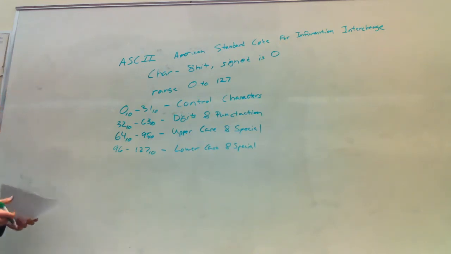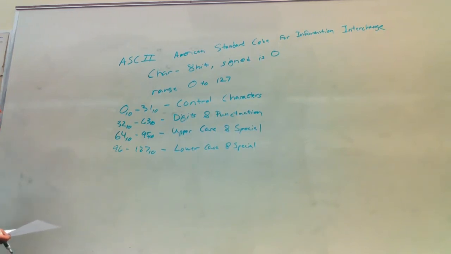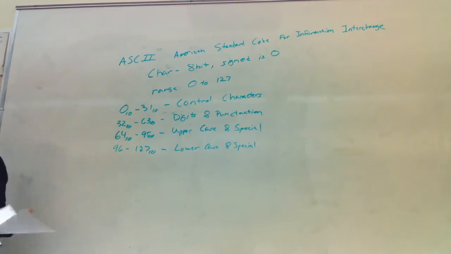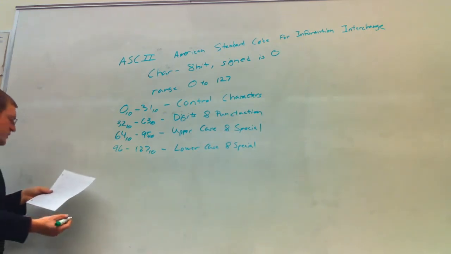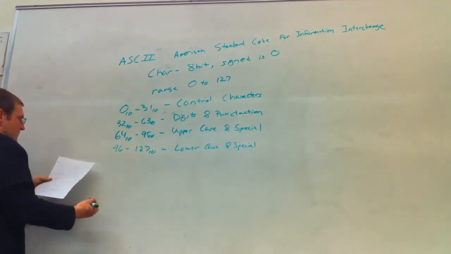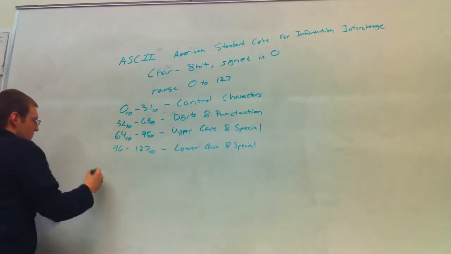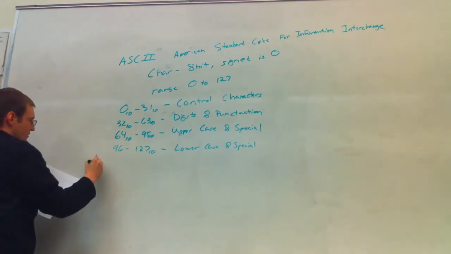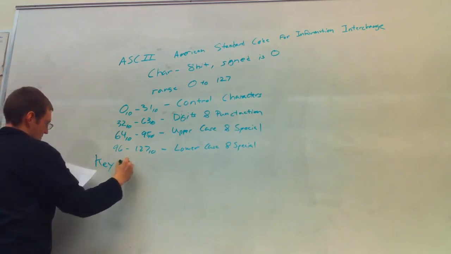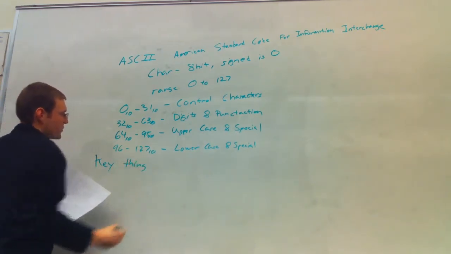I don't expect you to memorize that 32 is 0. Basically just remember the groupings. I'll give you the ASCII table if it's needed. And then some key things to know of why they grouped it the way they did.